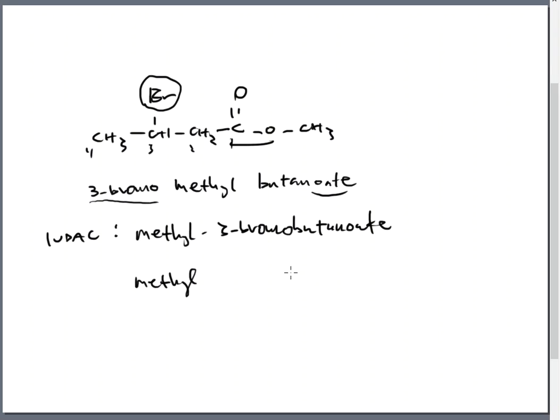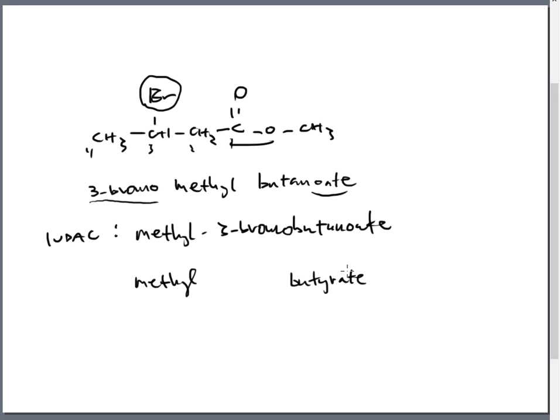Okay, so that is a butyr, right? That's what we've always used. I need to add the ending. So instead of an OATE, it's an ATE. So butyrate. That's going to be the ending to this molecule for the common name.